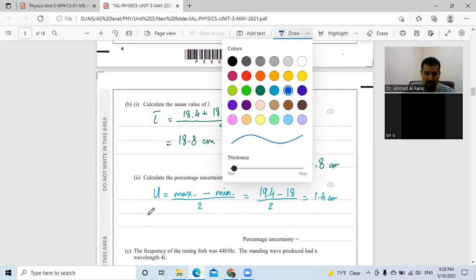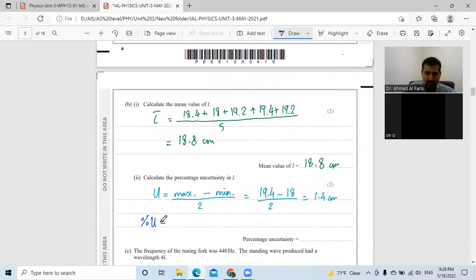Now I need to find the percentage uncertainty. The percentage uncertainty is equal to the uncertainty divided by the value, multiplied by 100 percent.